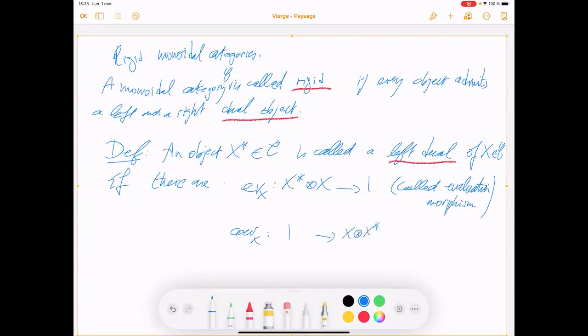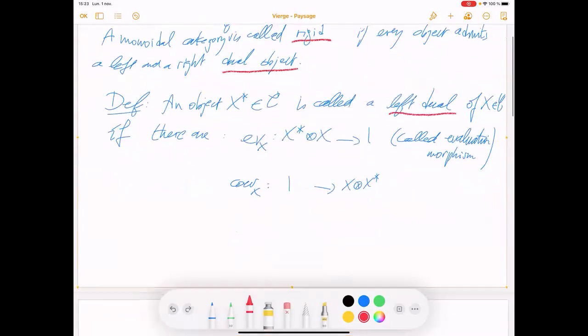So you should be careful. For the evaluation map, you have the X star on the left of the tensor product, and for the co-evaluation, it's on the right of the tensor product.